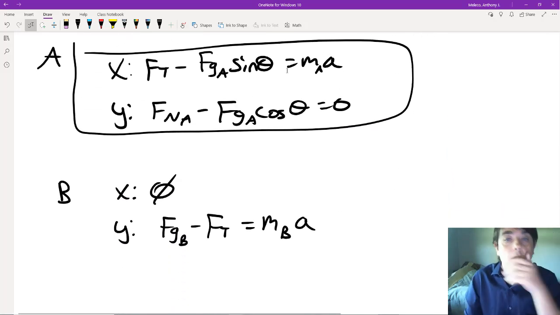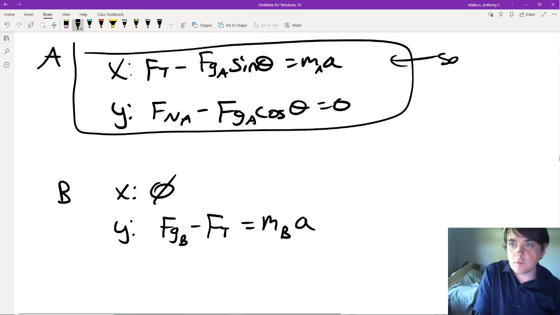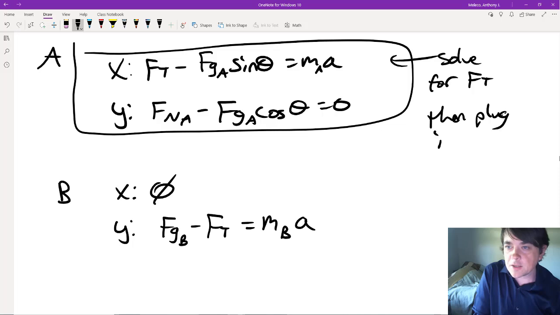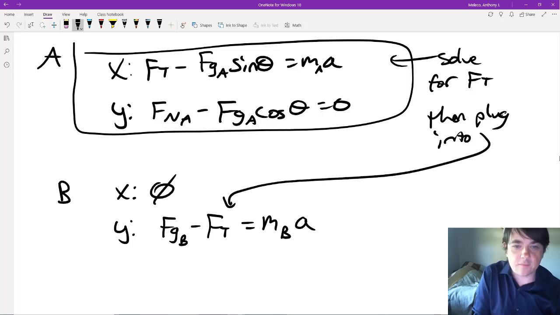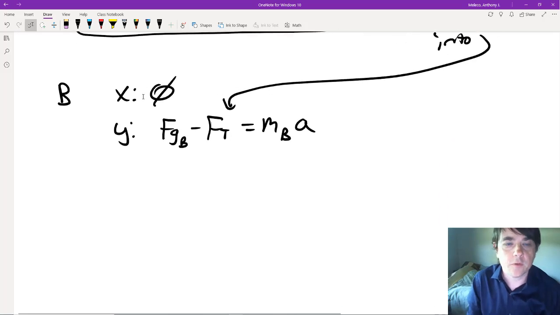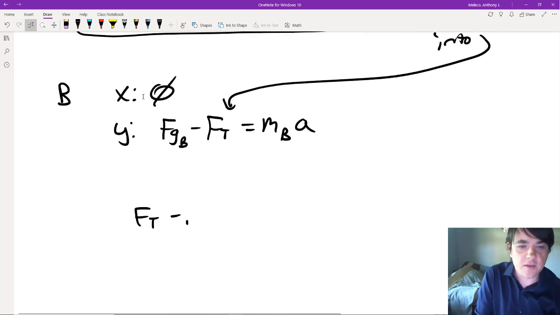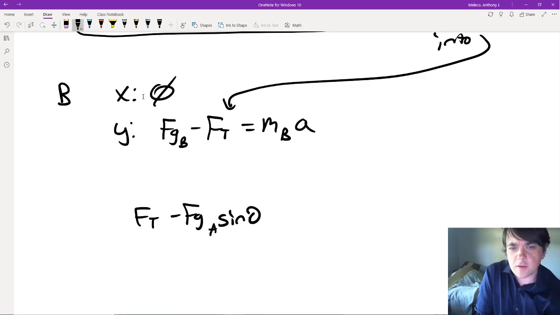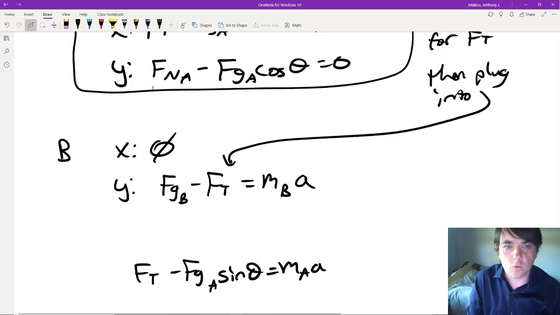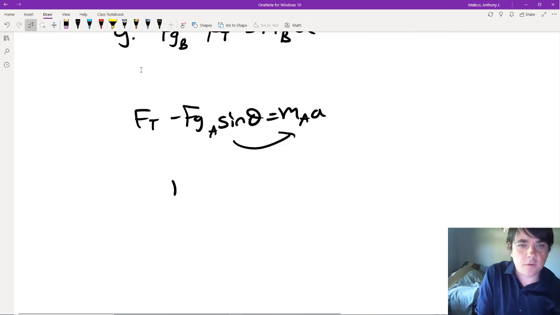So, I think our strategy should be solve for F_T. This looks easiest, right? You just add that over and then plug into that. So F_T minus F_GA sine theta equals m_A a, and then we're just going to add that guy over.